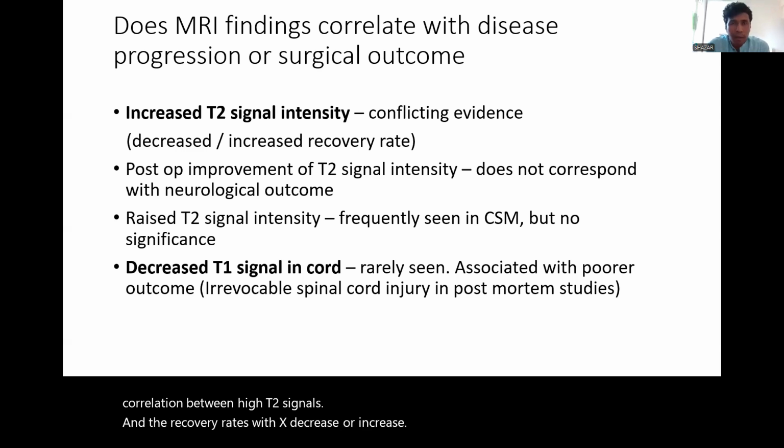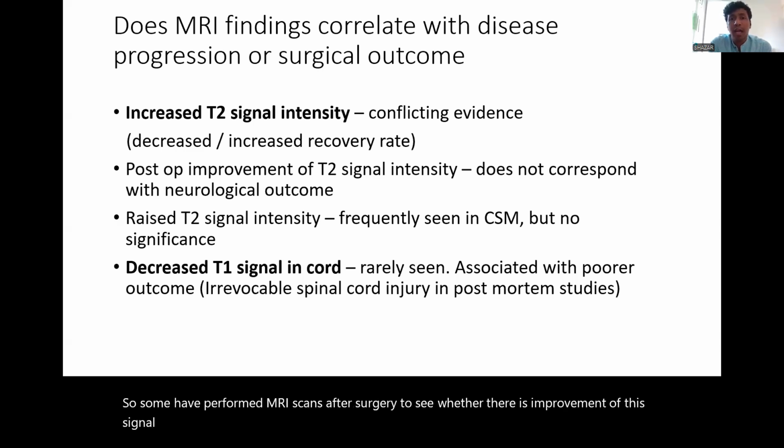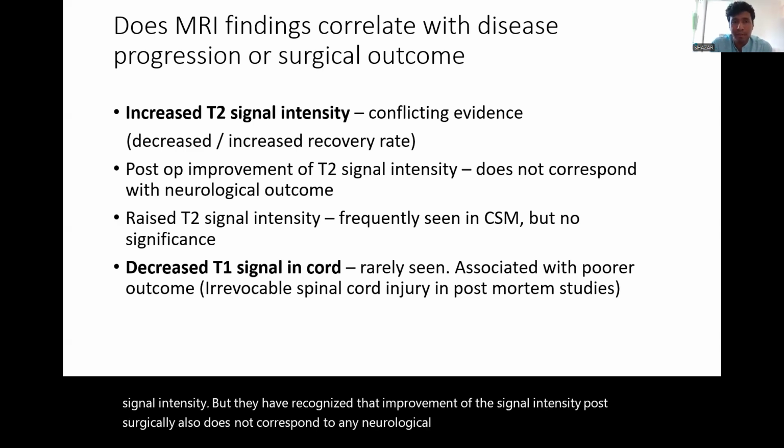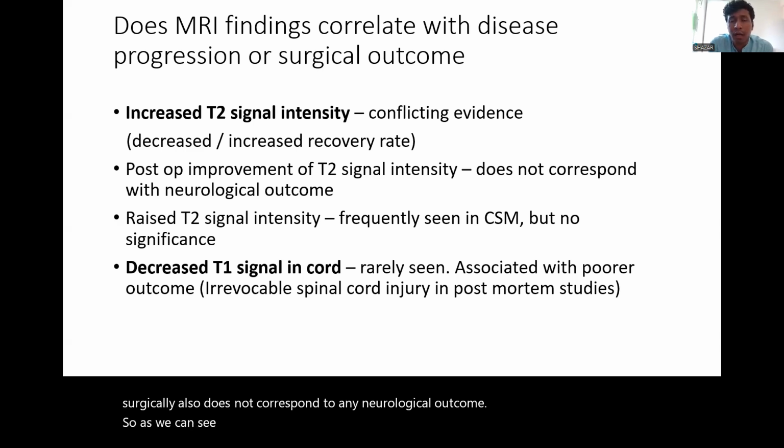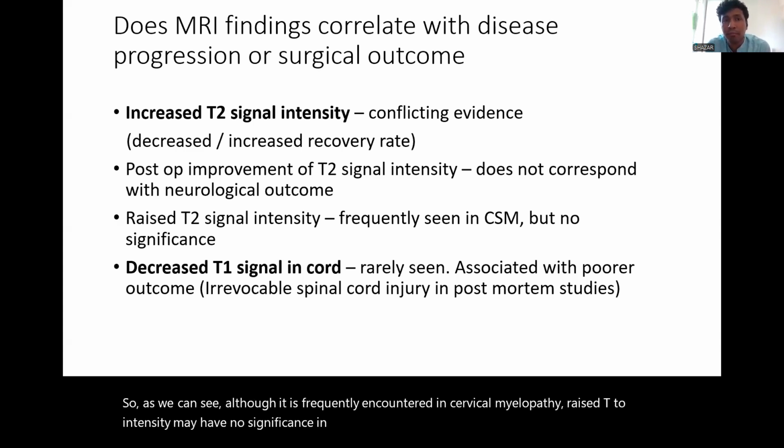Some have performed MRI scans after surgery to see whether there is improvement of the signal intensity. But they have recognized that improvement of the signal intensity post-surgically also does not correspond to any neurological outcome. So as we can see, although it is frequently encountered in cervical myelopathy, raised T2 intensity may have no significance in predicting the patient outcome or progression of the disease.